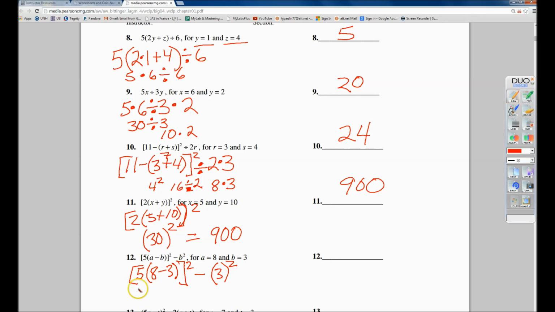Okay, looking at this now, we have 8 minus 3 is 5. 5 times 5 is 25. 25 squared is 625 minus 9. That looks like it's going to be 616.